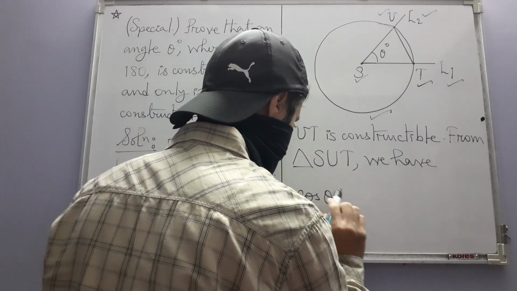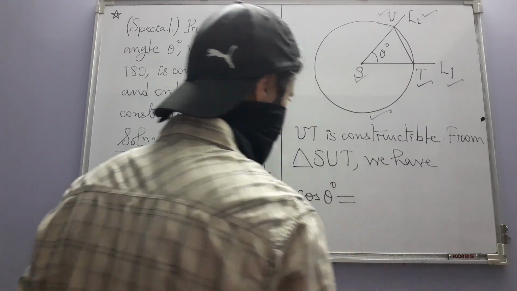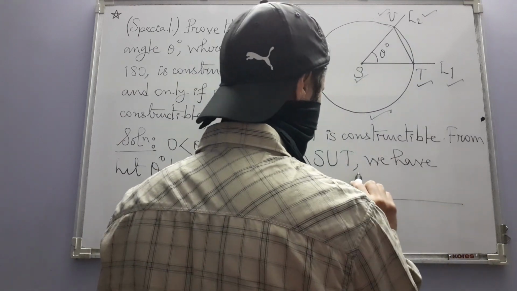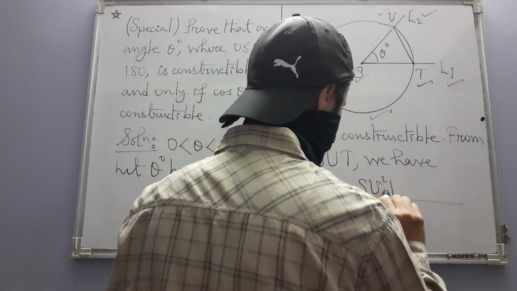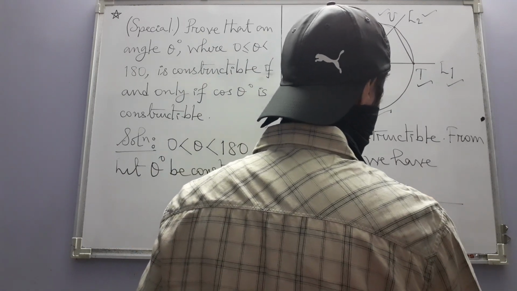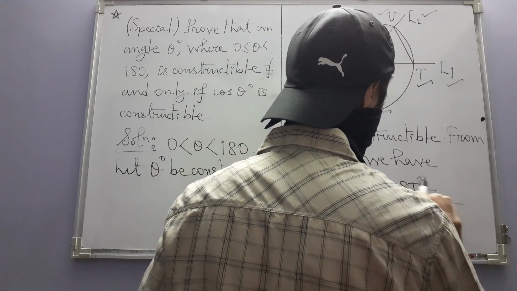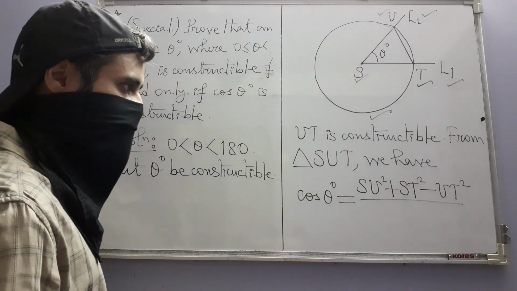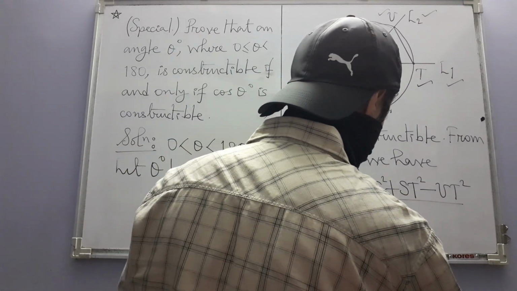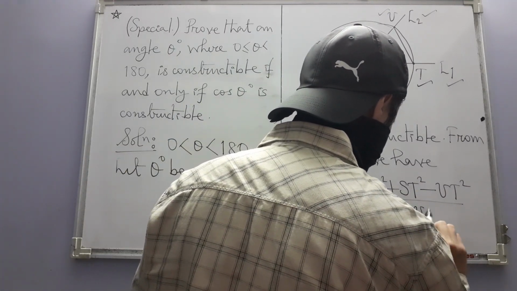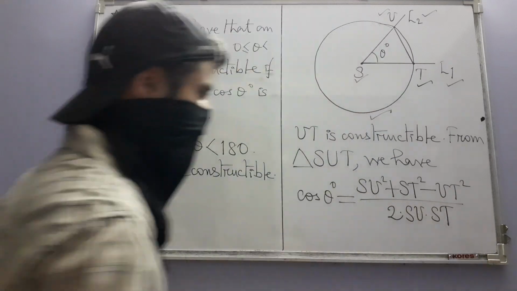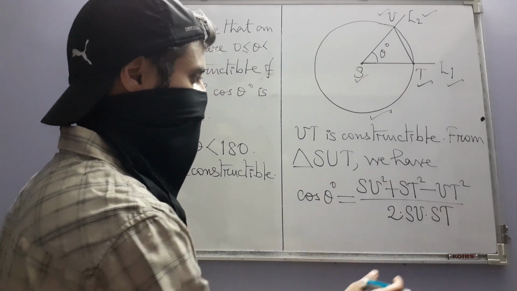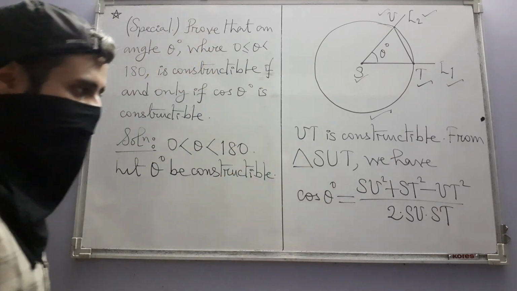Anyway, cos theta degree is going to be what? SU square plus ST square minus UT square divided by 2 times SU times ST. Okay, so we will get this from the law of cosines applied to this triangle.